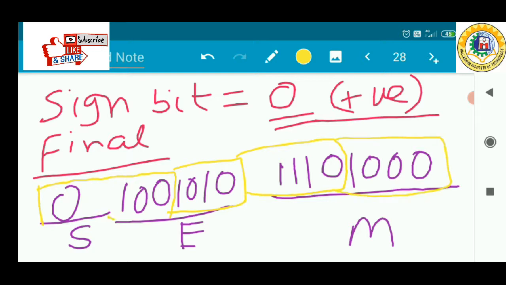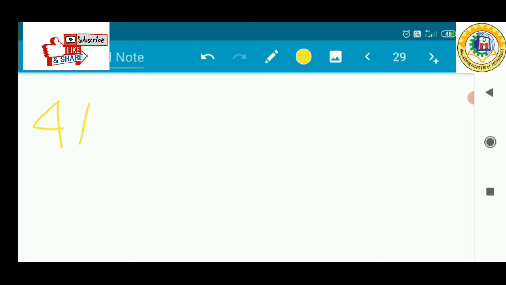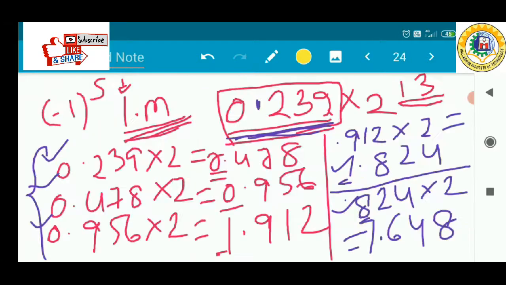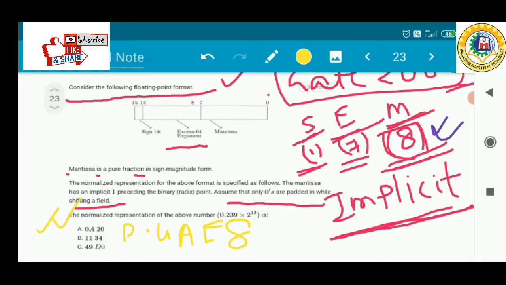You can easily say that 0100 is hexadecimal 4, 1010 is 10, which is hexadecimal A, and next 1110 is E, that means 14, and the last is 8. So your final representation is 4AE8 in hexadecimal format, because all of the options in the question are given in hexadecimal. So option D is correct, 4AE8.